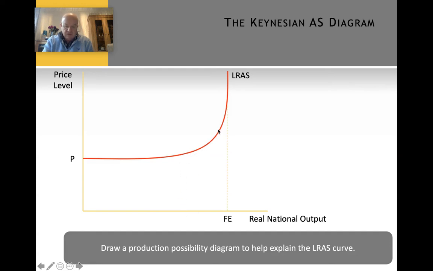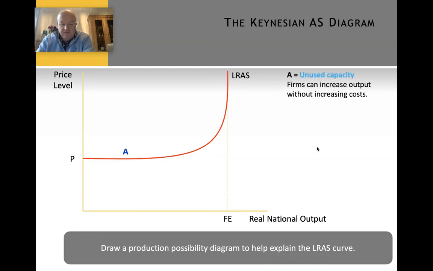And it does get to a point where it becomes a vertical line, and again we'll demonstrate that, and you can see that that's at the full employment level. So there is clearly a link between the classical and the Keynesian view, but we'll try and break this down and explain it in a bit more detail as we go.